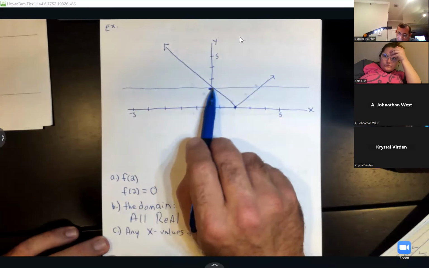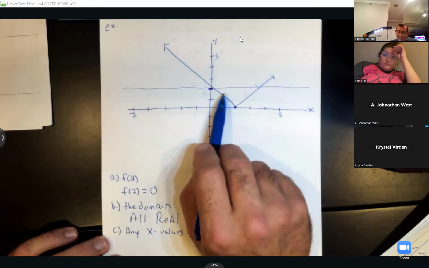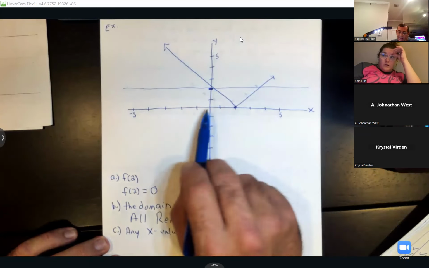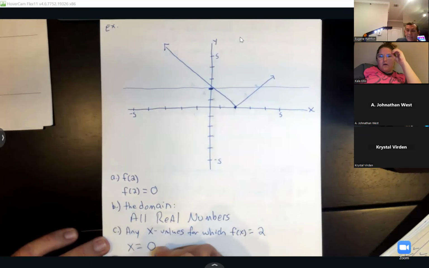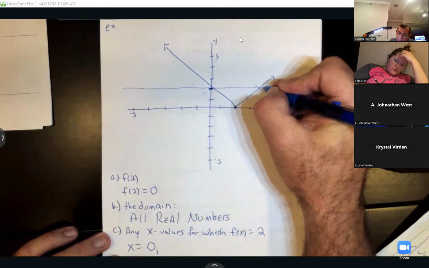So I'll give you the first one. The first one I was wanting to hit on that y-axis, so that would be 2 right there. So that x value right here would have been a 0. So it hits it right here also.